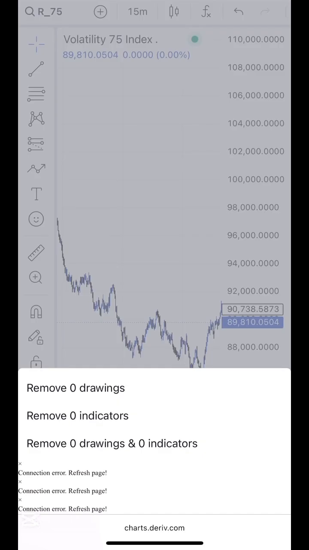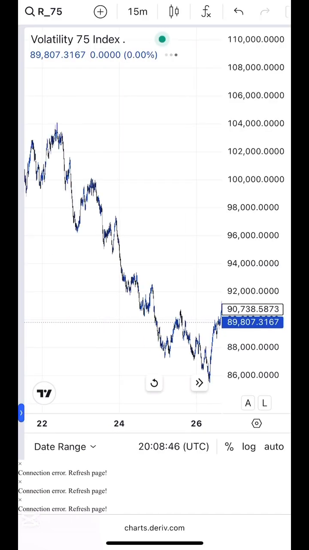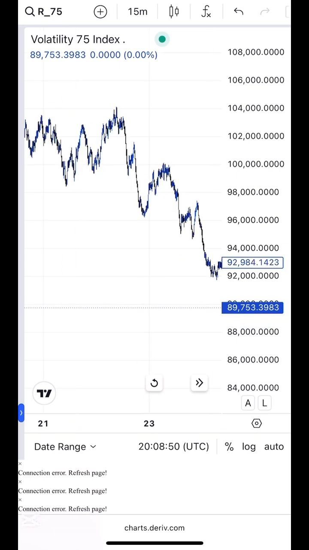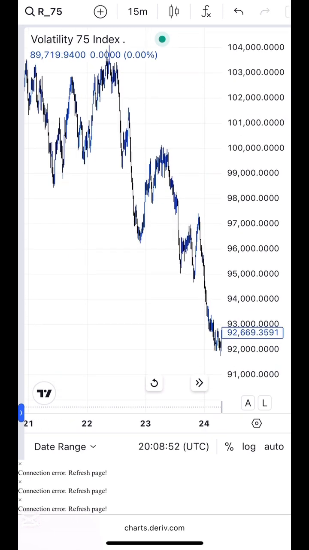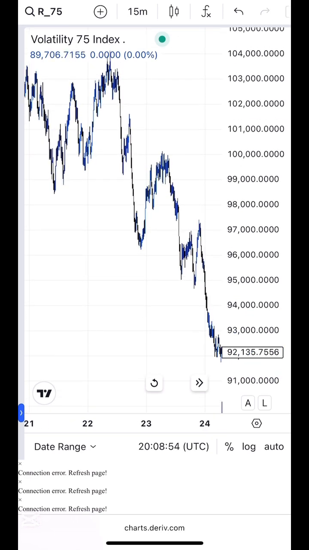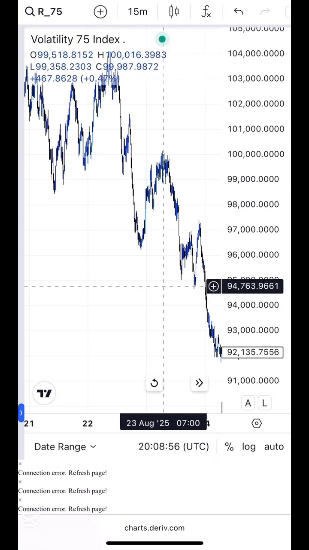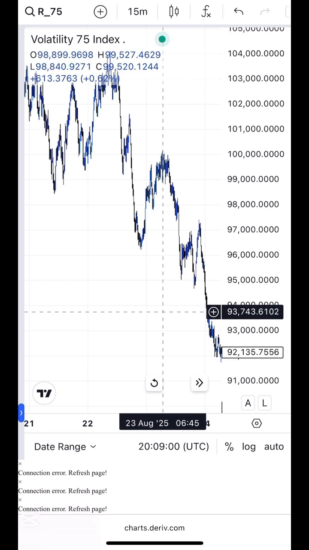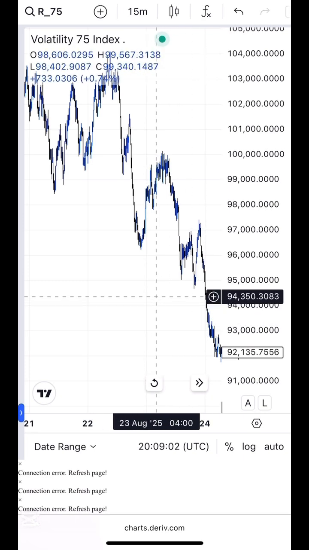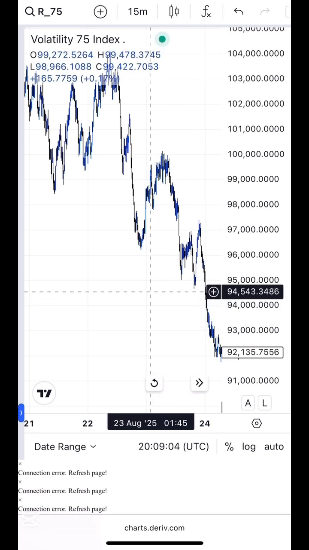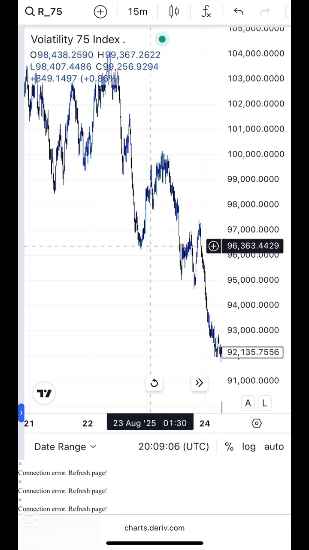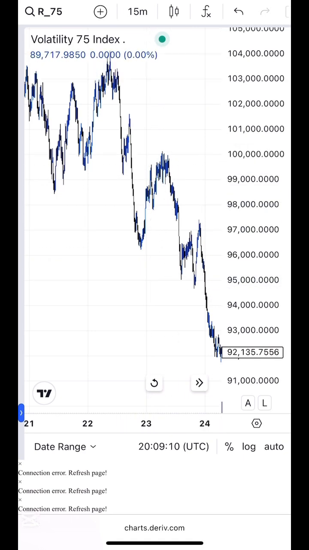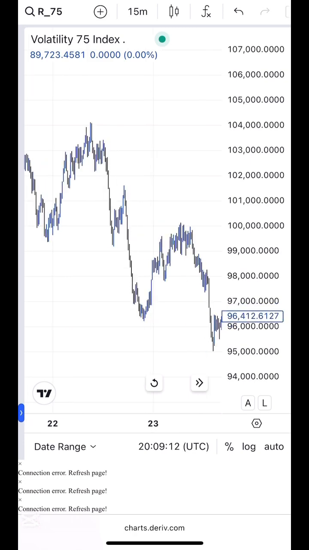Let's assume that the market has not made any movement from this zone here. I can't use the replay here, but let's assume the market has not moved from this zone.